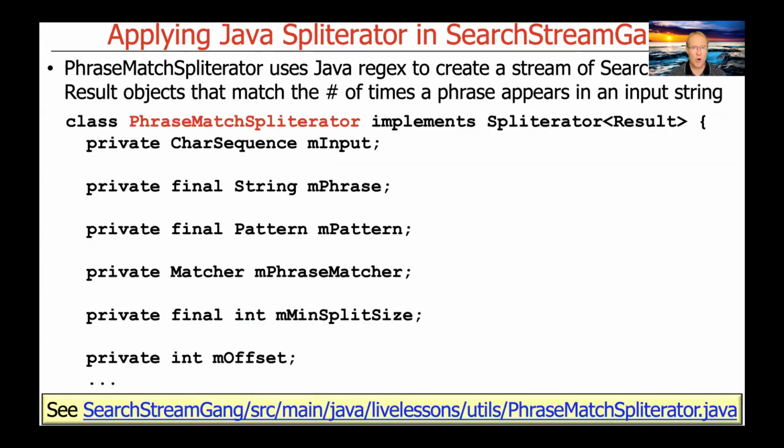The way this actually works in terms of the implementation is we have this class called PhraseMatchSpliterator, which uses the Java regular expression package to create a stream of search result objects that will keep track of the number of times a phrase appears in a given input string. You can find all the code in the file at the bottom of the slide.